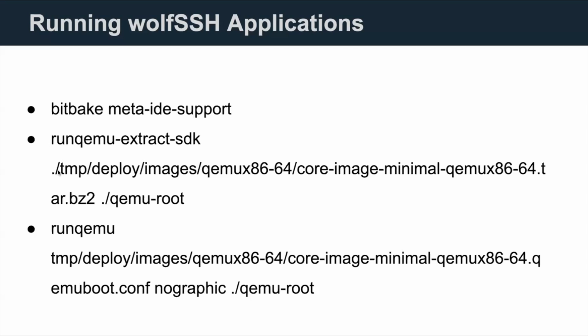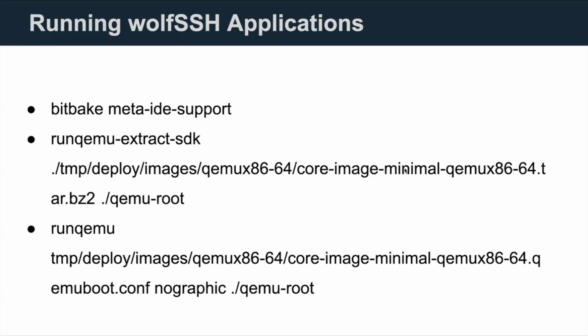After the bitbake core-image has built successfully, you have this tmp/deploy/images folder with the default qemux86-64. Obviously, you can target different architectures here, but this is the one that it defaults to, so the quickest to show here.